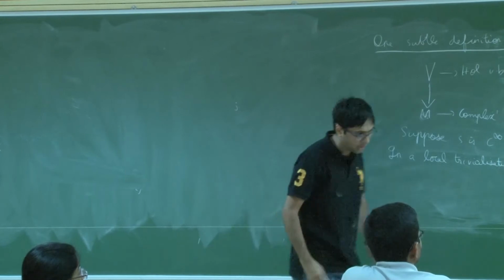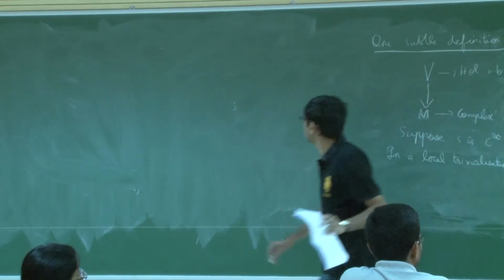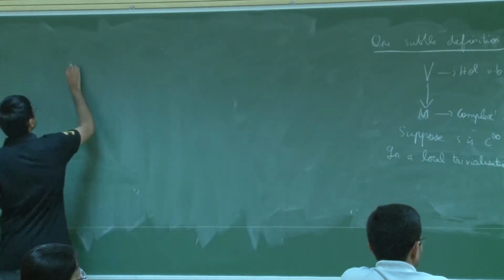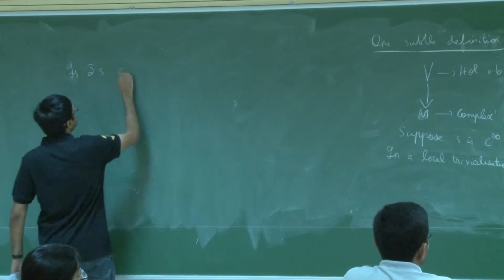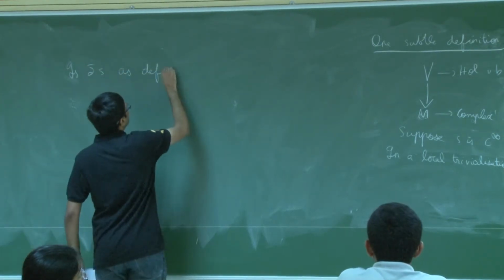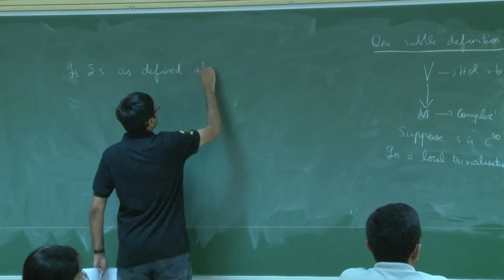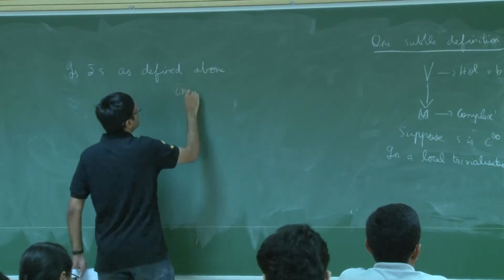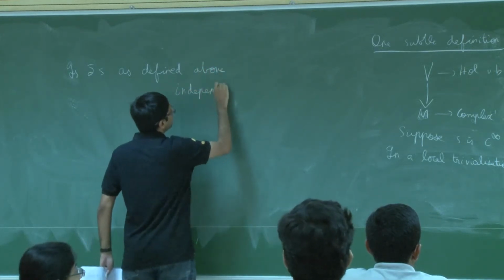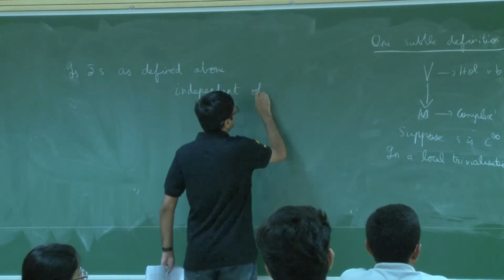Is this well defined as a global object? Is del bar S as defined above independent of alpha?